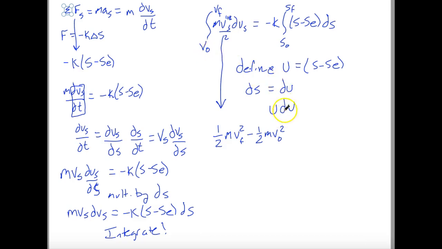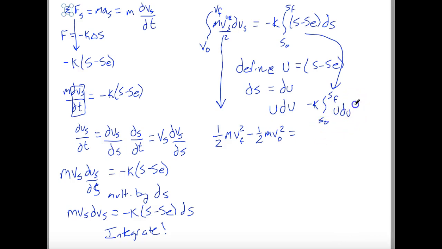Now that we've done that, we're going to integrate the other side. So on the other side, this is going to be equal to, remember we said that we've changed it. So let's take this and move it here. We're going to have negative k, and we have the integration still from SO to SF, but we've defined this as u du.